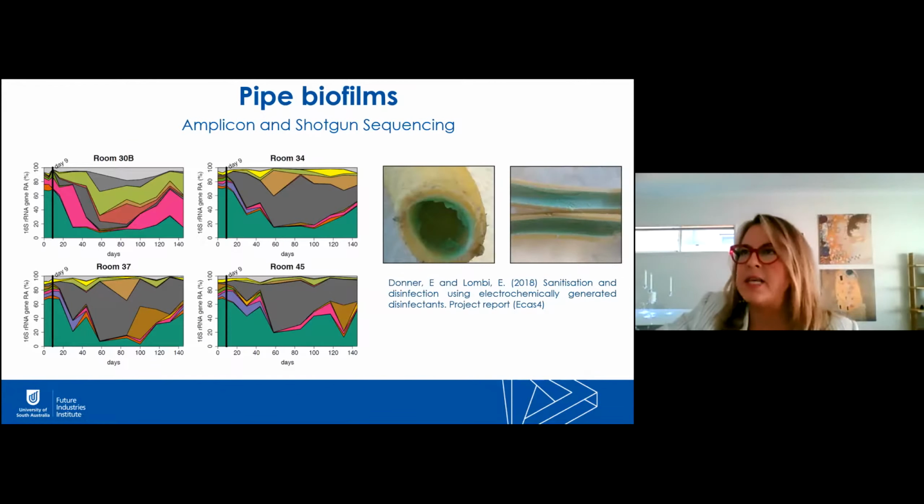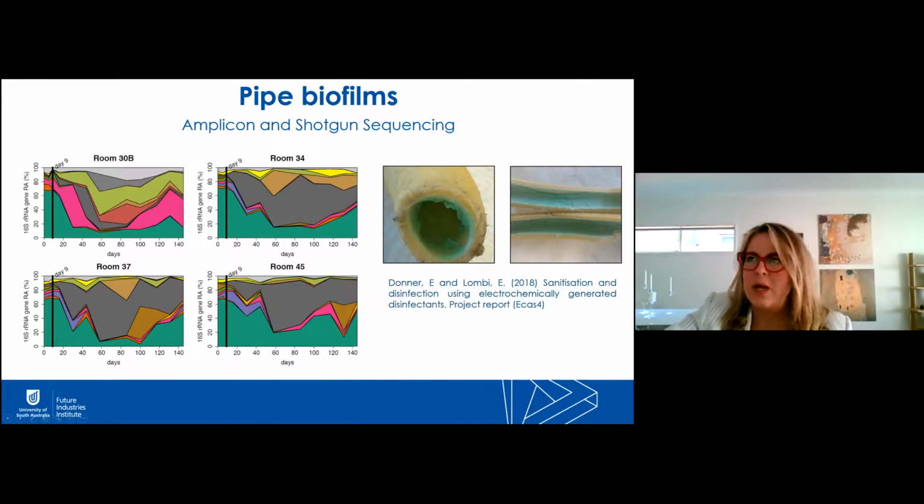In the same facility, we also monitored the potable water quality using amplicon and shotgun sequencing, and we analyzed the total microbial structure in the pipe biofilm. This analytical approach was used to understand what other human opportunistic pathogens and antimicrobial resistance genes are present in the water network room by room, and how we can prevent infectious disease.